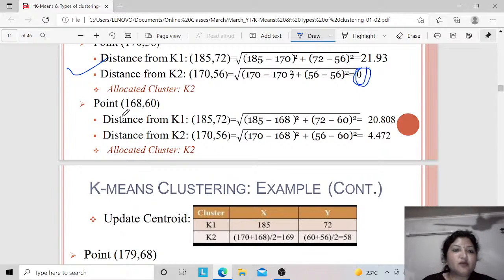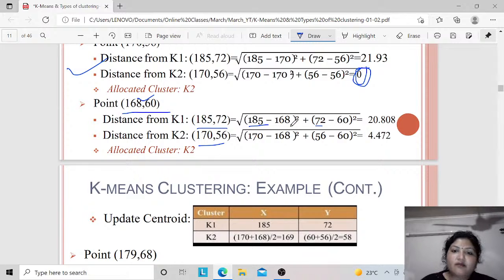Let us move to the next one, that is 168 and 60, right? Now you are going to calculate this point with both the centroids. How to calculate it? 185 minus 168, your data point, and then 72 minus 60, right? This would be my second data point.